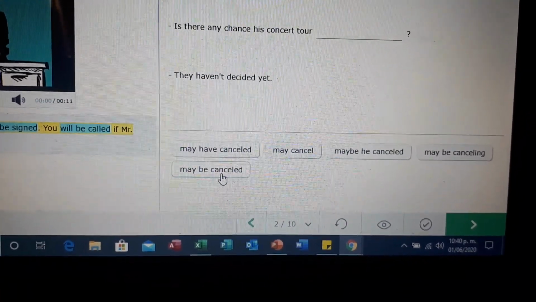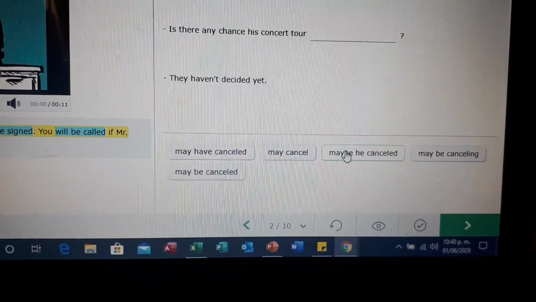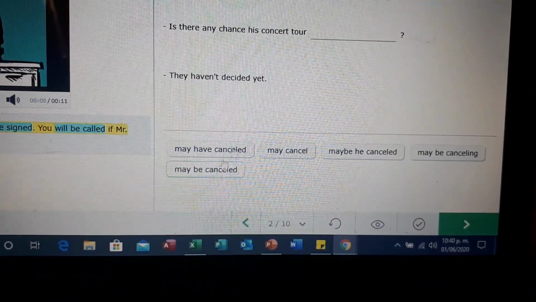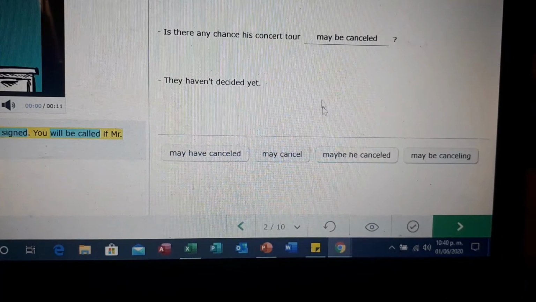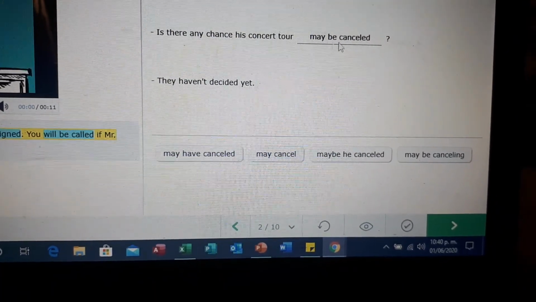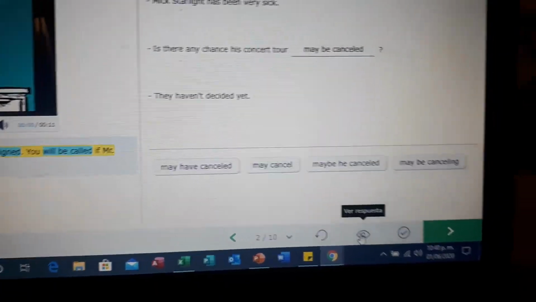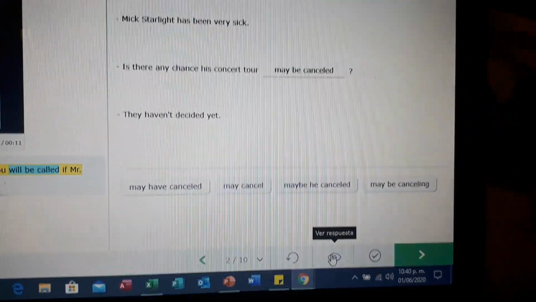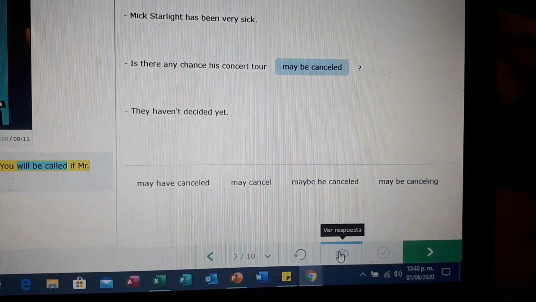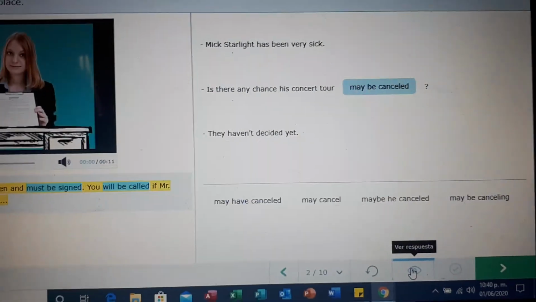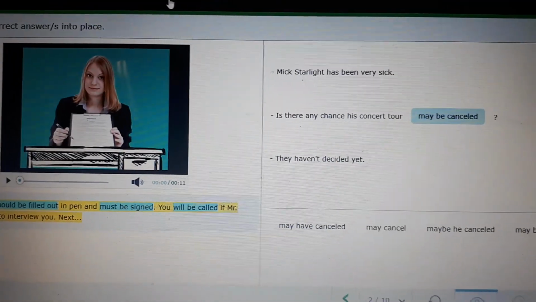So which is the correct, this one or this one? May be canceled, okay? Remember that may be is different from maybe. If you want to see if it is correct, just check the answer, okay? So please study this lesson, okay?